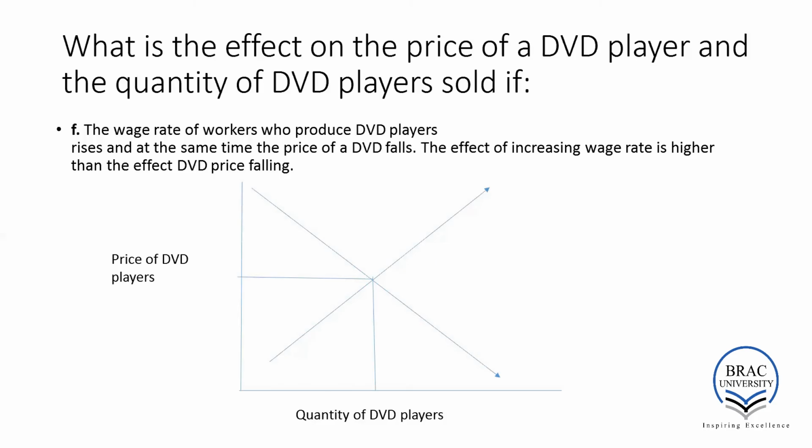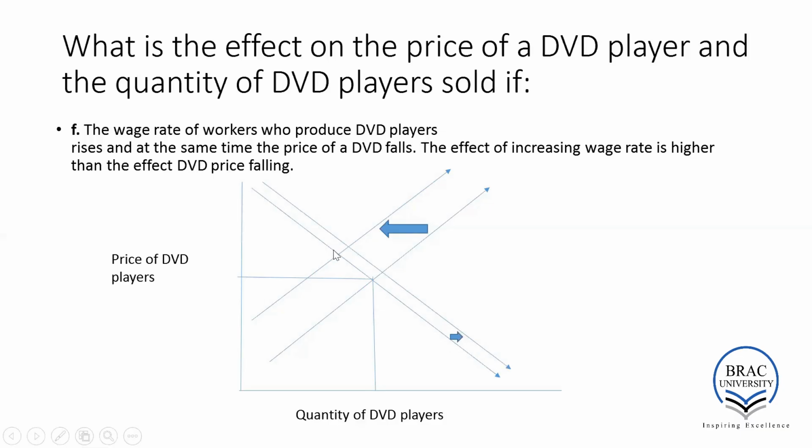So here, for the increasing wage rate of the workers, we will see a leftward shift of the supply curve, and for the decrease in price of DVDs in the market, we will see a rightward shift of the demand curve. Here we can see that the change in the supply curve is greater than the change in the demand curve, because according to the question, the effect of increasing wage rate, which is the change in the supply curve, is greater than the effect of falling DVD price, which is the change in the demand curve.